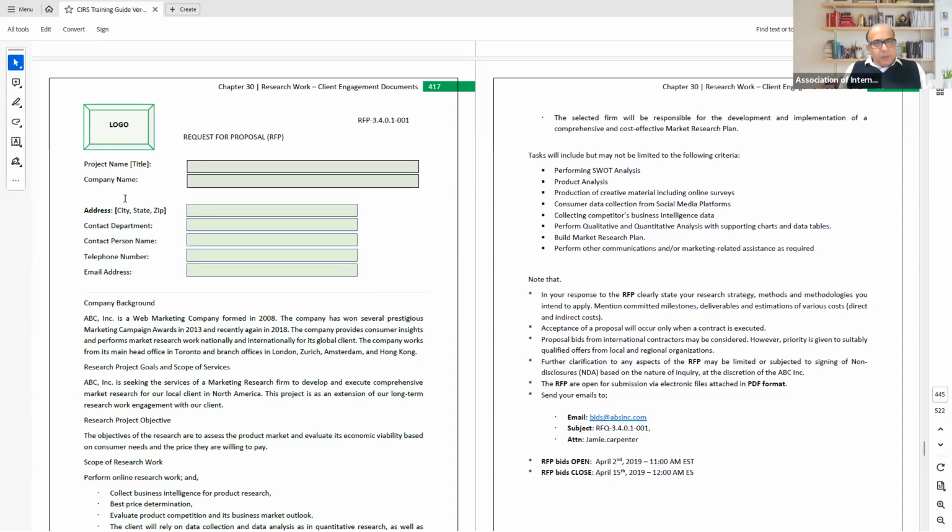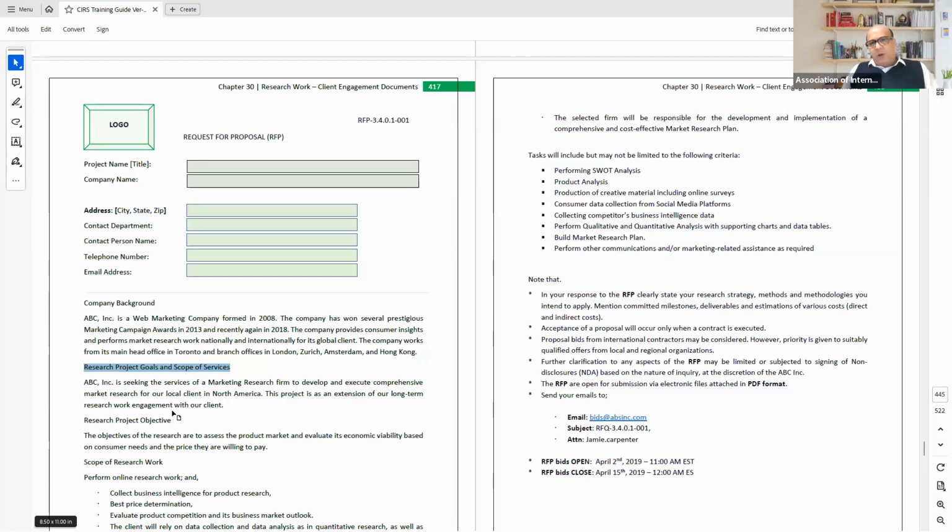So if you can see this logo and this area, this is just a format. When it comes to you, the company gives a little bit of background about where they're coming from, what their legal status is, and so on. And then they continue with what is most important for us, the project goals or scope of services.